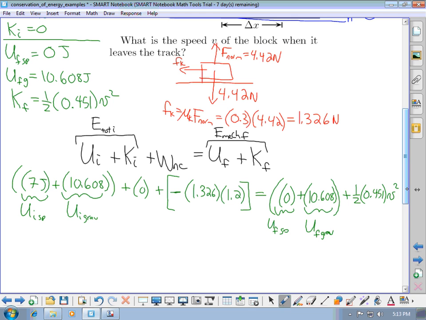You'll notice if I subtract 10.608 from both sides, the gravitational potential energy goes away. I could have called my initial height 0, and it would not have changed anything about the problem.